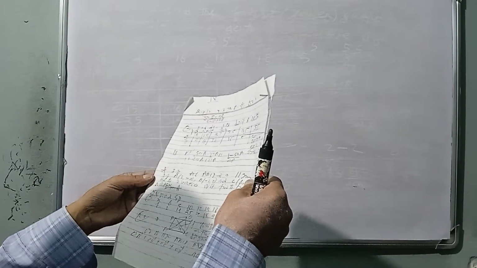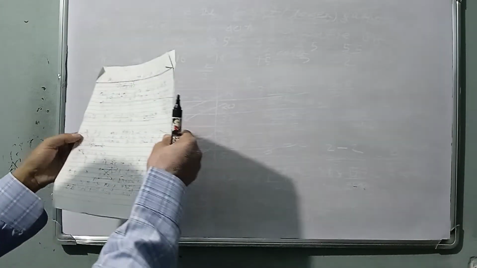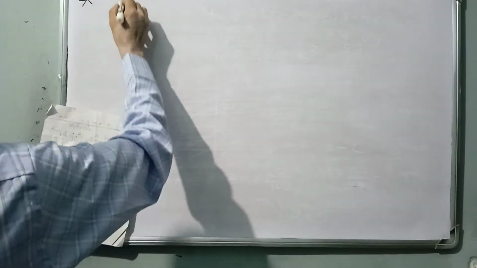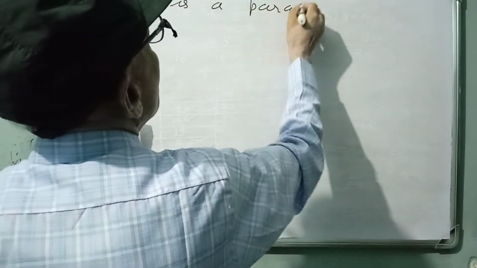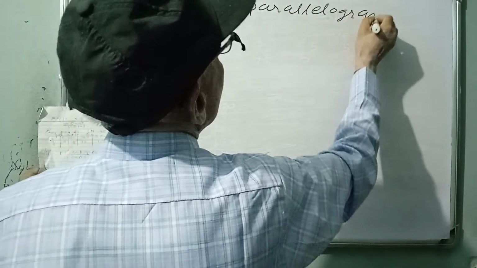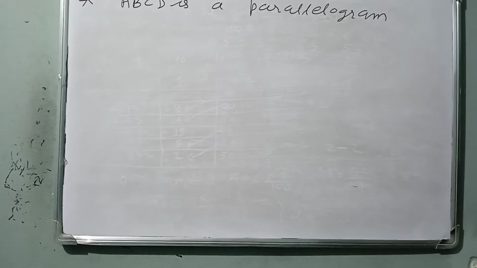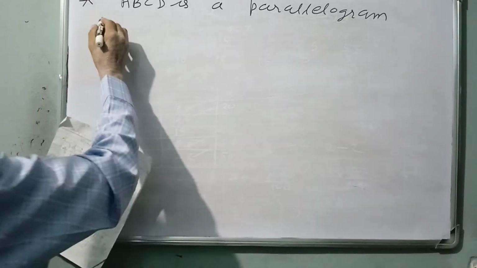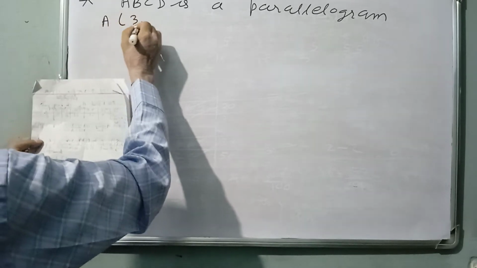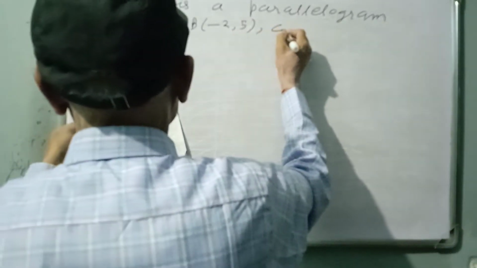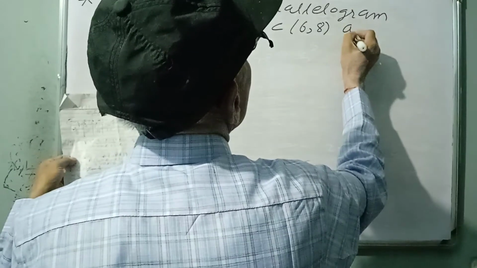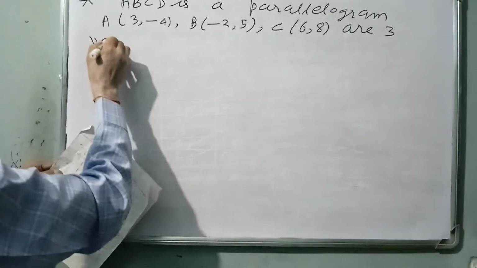Another is also there. Here A, B, C, D is a parallelogram. Given A, B, C, D is a parallelogram. A (3, minus 4), B (minus 2, 5), C (6, 8) are 3 vertices.